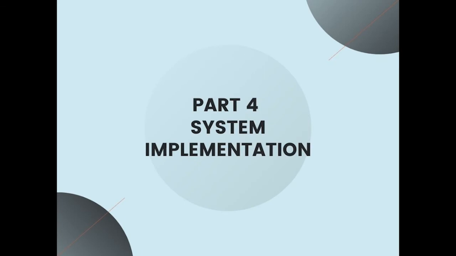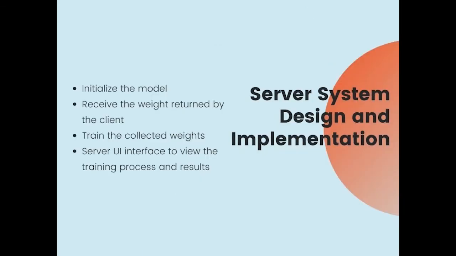Part 4, System Implementation. Server System Design and Implementation. These are the functions of the server. Initialize the model. Receive the weights returned by the clients. Train the collected weights.